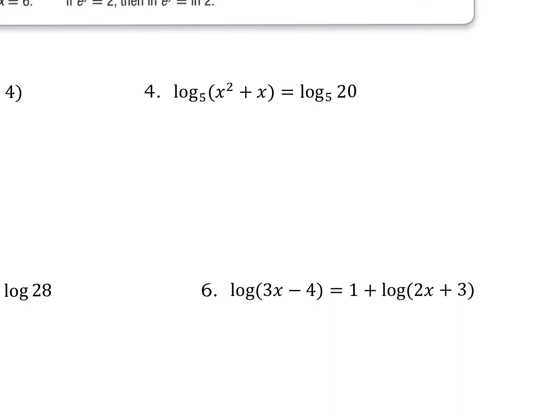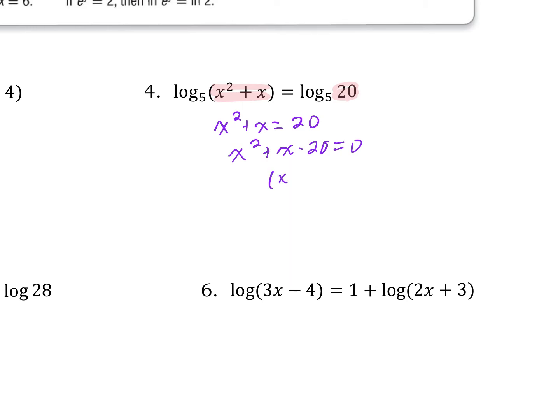So similarly here, notice we have log base 5 of this equals log base 5 of that. So clearly then, those highlighted parts have to be equal to each other. So now we have this quadratic that we need to solve.